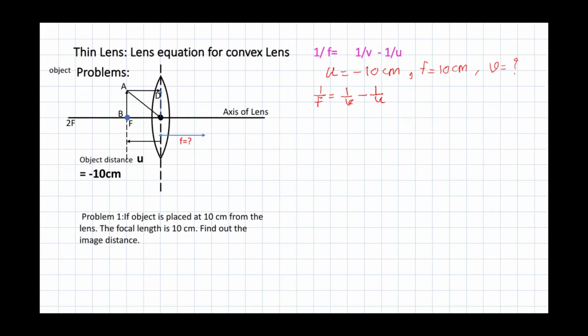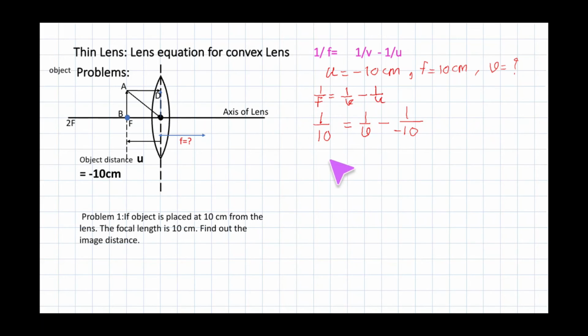So while solving this problem, remember that this is u, that is minus 10 centimeter. Now see, 1 upon f, so f is 10 centimeter, is equal to 1 upon v minus 1 upon, here it is minus 10 centimeter. This minus is most important.